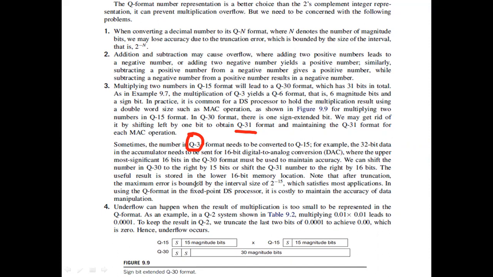Similarly, if I subtract 0.6 from minus 0.6, I get a number less than minus 1. There also I will get something we call underflow. So these are the problems that Q notation can have.